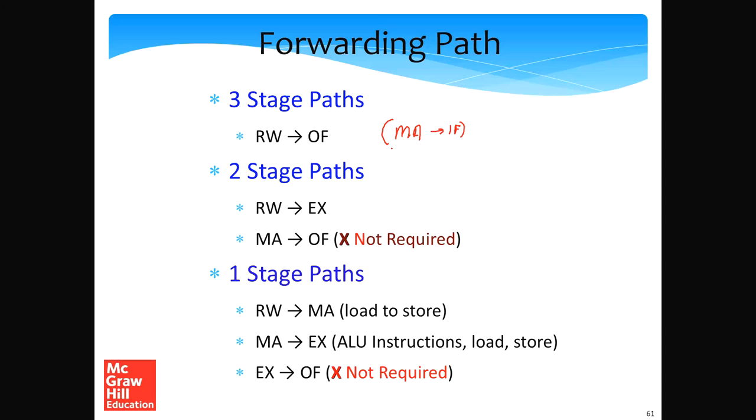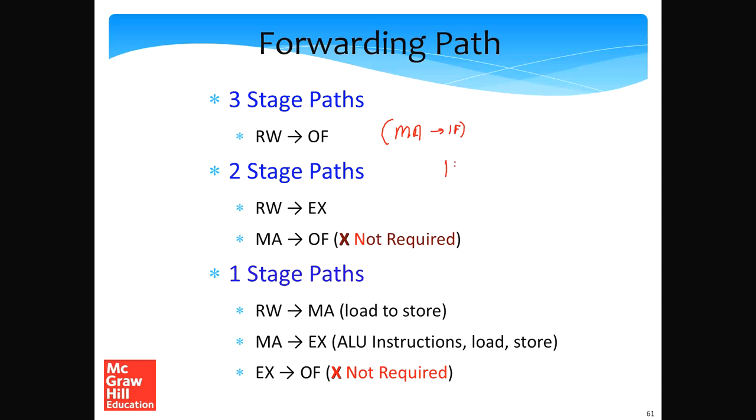It's not required. We just allow both to progress by one stage and we add from RW to OF. So this basically means that if one instruction is writing to a register and simultaneously another instruction is reading from the register, then instead of getting the data from the register file, they'll get it from the forwarding path.